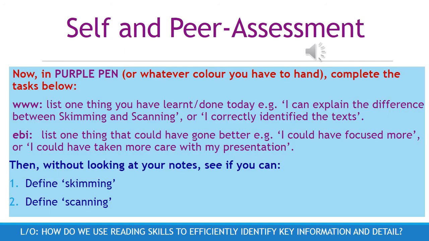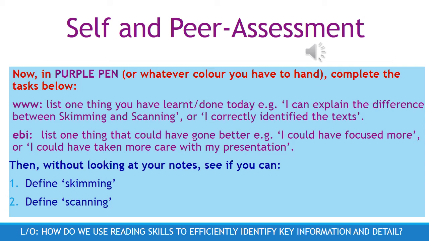So here we go, peer and self-assessment. This is the moment to think about what you've done really well and what you could have done better. So for example, one thing you've learned or done today: I can explain the difference between skimming and scanning, or I correctly identified which paragraph talked about Jonah's interest in religion, something like that.